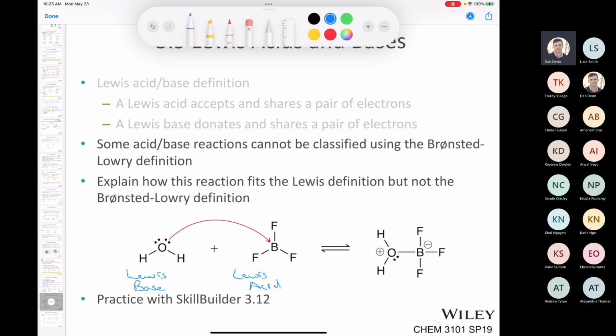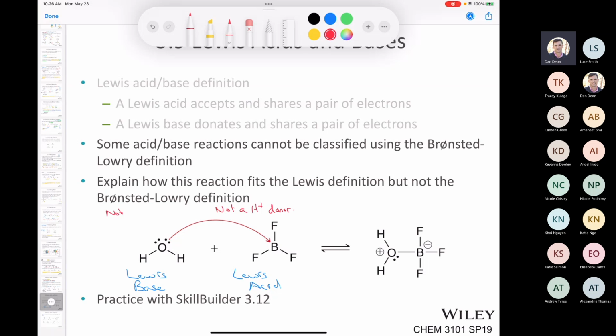But let's take a look at those words, acid and base, carefully. Is the acid donating a proton? No, this is not donating a proton. So we'll write here, not a proton donor. Therefore, it's not a Bronsted acid. And is the water, the Lewis base, accepting a proton?